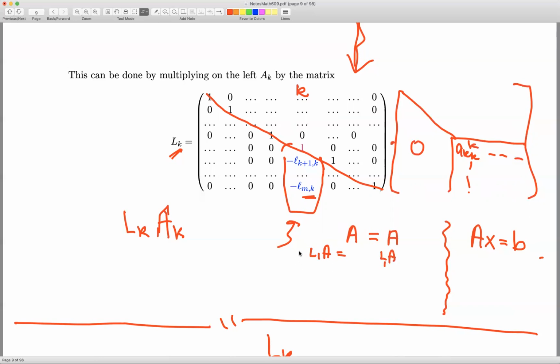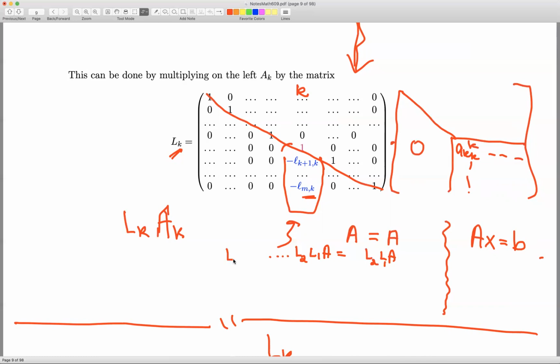Then we perform a second step of the Gauss elimination. We can do that by multiplying on the left the resulting matrix by the matrix L2, where the structure of all the matrices LK is the following. You have 1 on the main diagonal, and below the main diagonal on column K, we have these L's with a negative sign. Then this is equal here to L2, and so on.